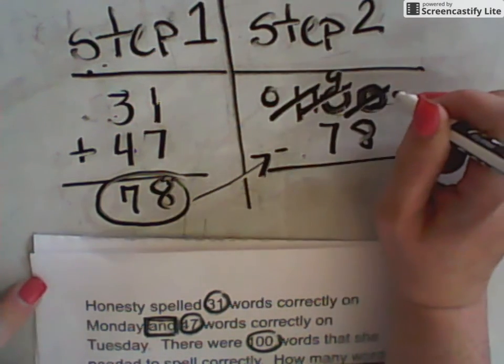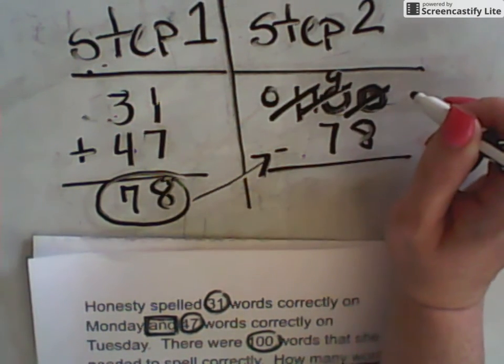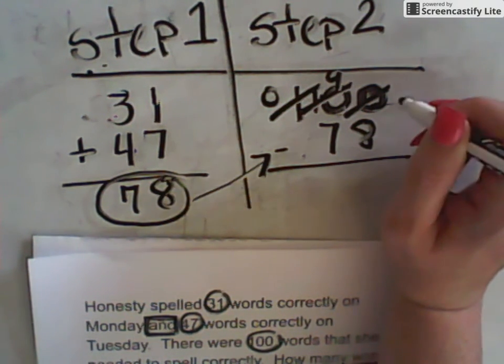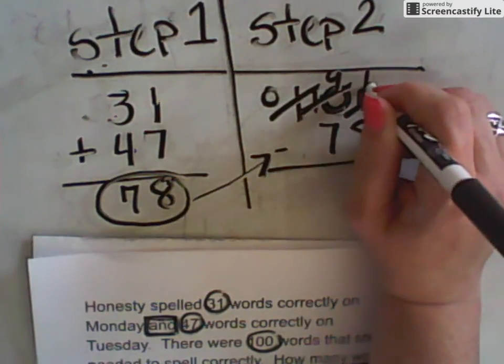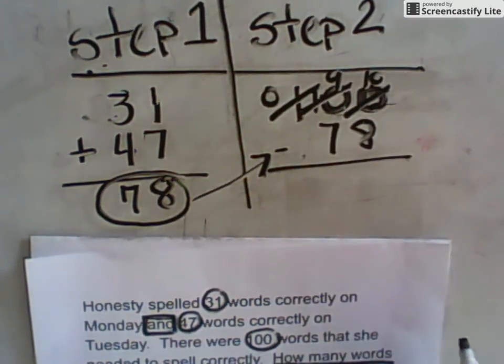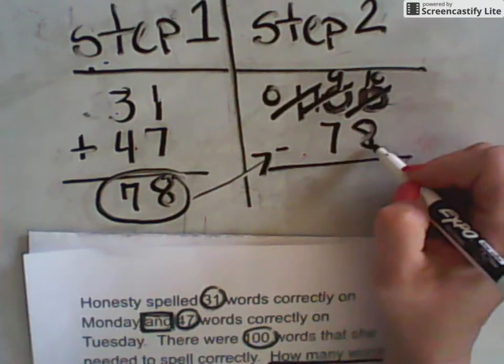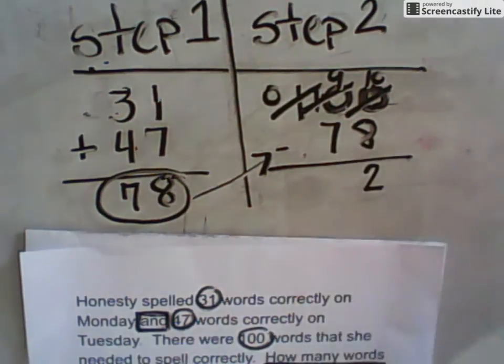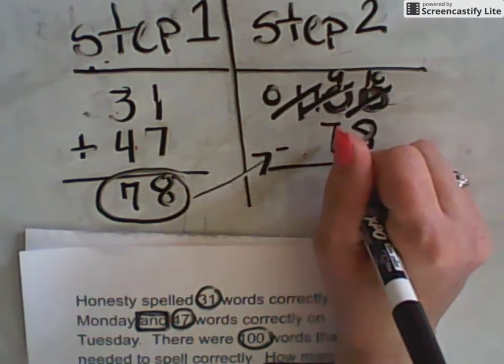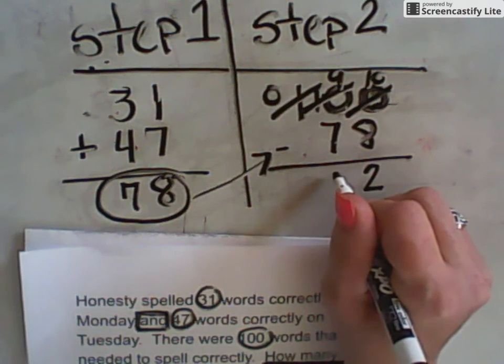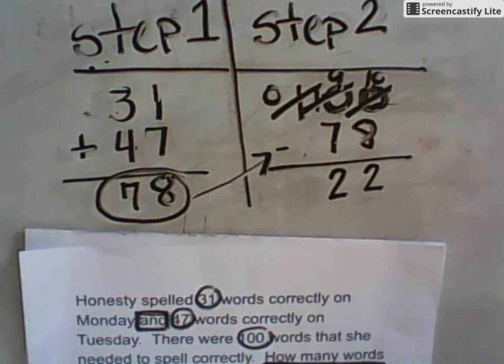And then I can cross out the 0 and make it a 10 here. Okay, so 10 minus 8 equals 2, and 9 minus 7 equals 2. 22 is the difference here.